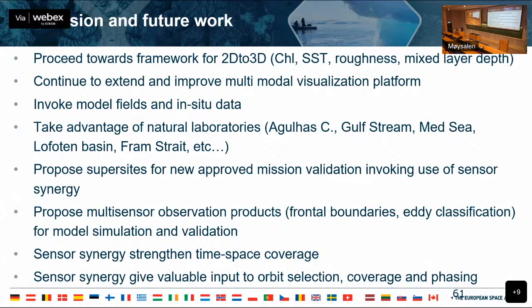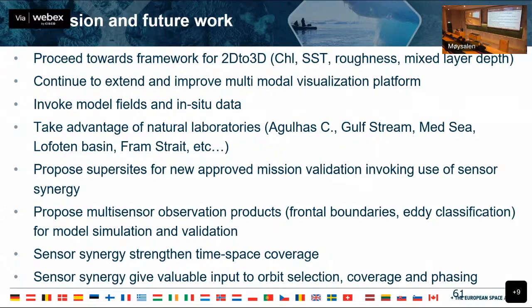The sensor synergy is taking us a good way to advance the spatial temporal coverage for sure. And there's also a last point on this that I think Craig could be potentially interested in, and ESA, and that is that through sensor synergy, we could in fact emphasize the weakness in terms of space-time coverage, which in turn could be optimized through orbit priority, orbit selection, and phasing.